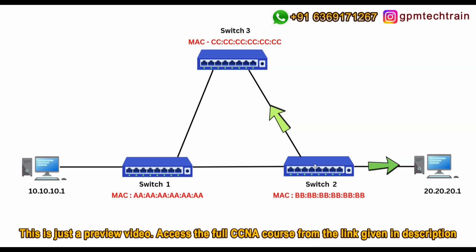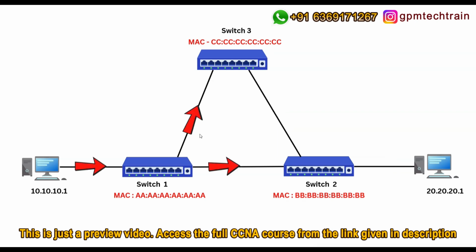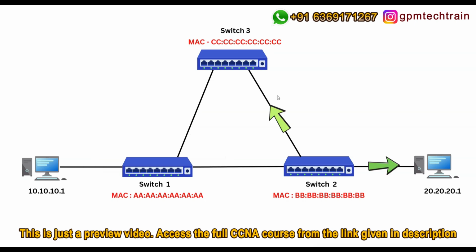In that case, switch 2 forwards that broadcast to switch 3. We need to be very clear: switch 1 already sent that broadcast to switch 3, and now switch 2 also sent it to switch 3. So switch 3 now has two broadcasts, one received from switch 1 and the other received from switch 2.